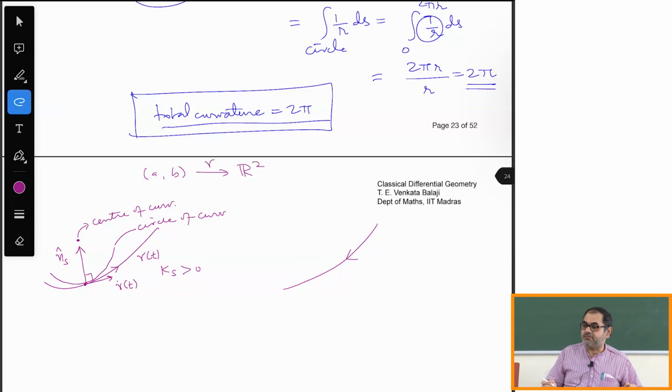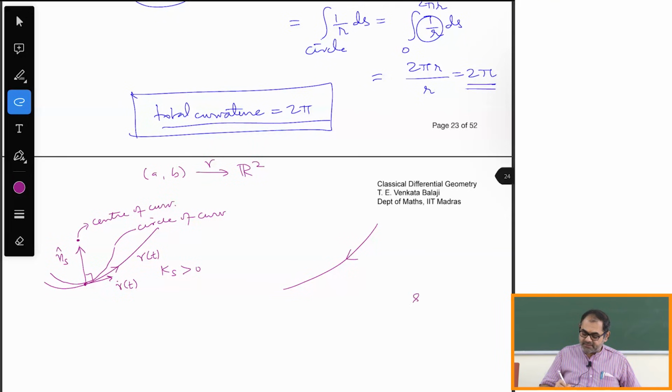If you want to reverse the orientation, you have to go from B to A. So you have to make an appropriate change of coordinates, so that t varying from A to B becomes something else varying from B to A, and that can be done.